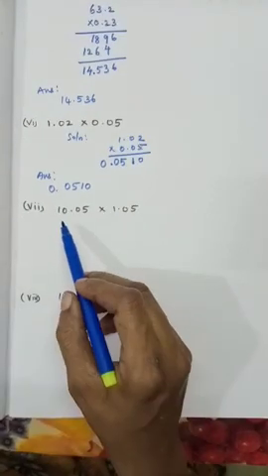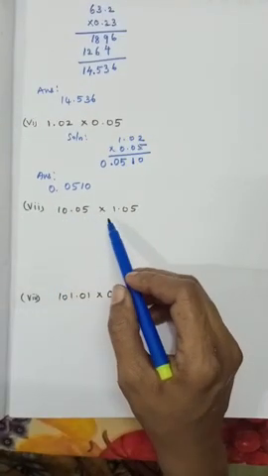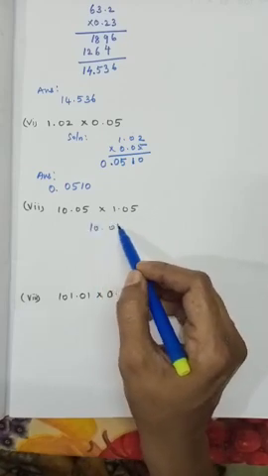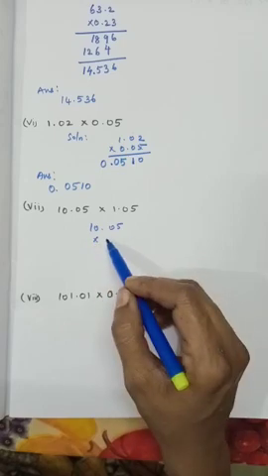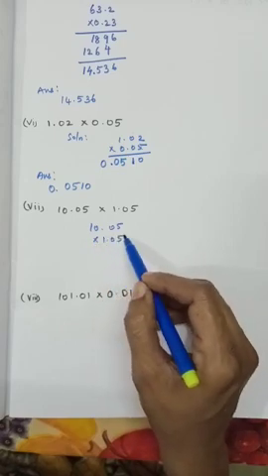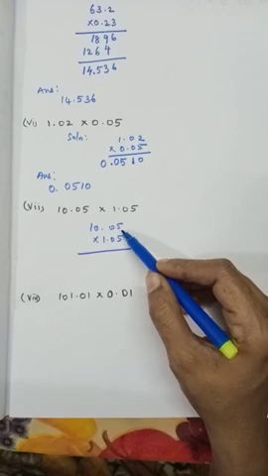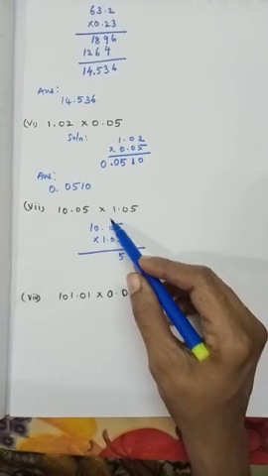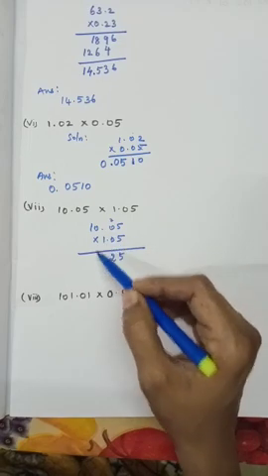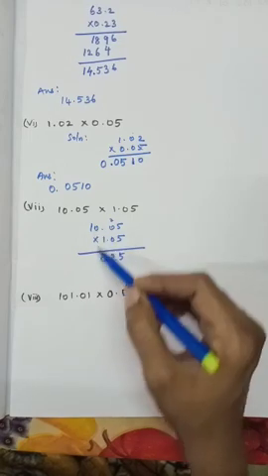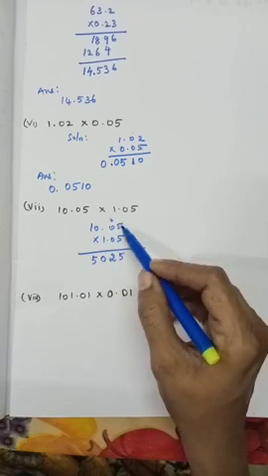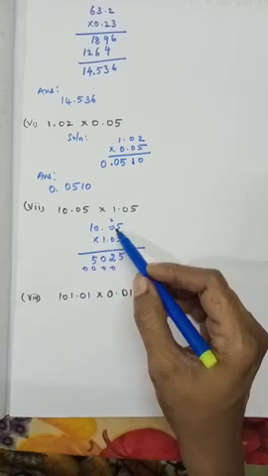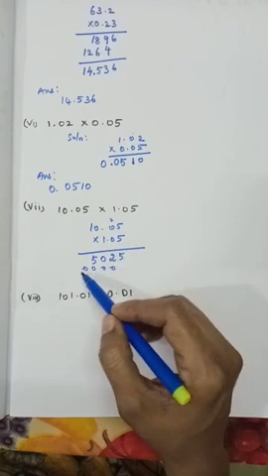Okay. Then see, 10.05 into 1.05. So 5 5s are 25. Remainder 2. 5 zeros are 0 plus 2 is 2. 5 zeros are 0. 5 1s are 5. Again 0, 0, 0, 0. By 0 you are multiplying, the answer is 0.